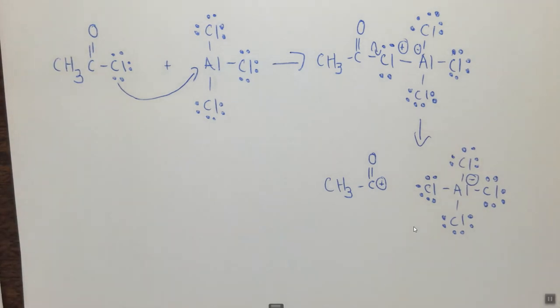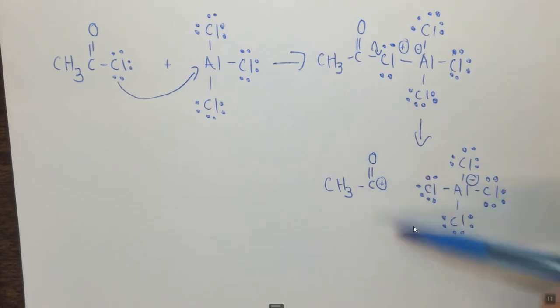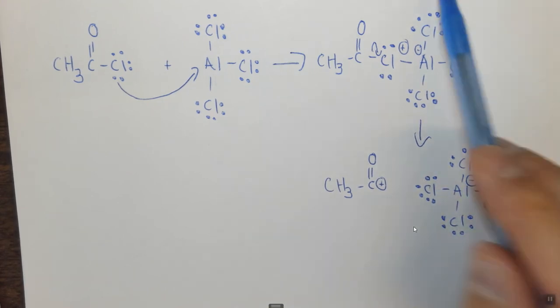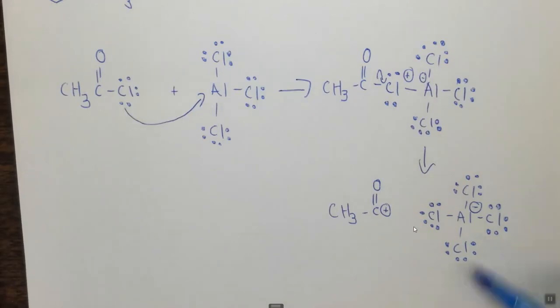And essentially, this aluminum is going to want to get rid of a proton, which it can't do. There's no source of proton yet, theoretically, until we add the toluene in. But basically what's going to happen is, if there's a proton around, this Cl is going to go with the proton to form the HCl gas that we're going to form, and this will go back to being neutral.